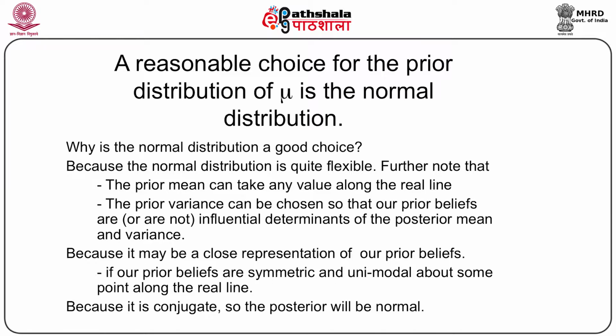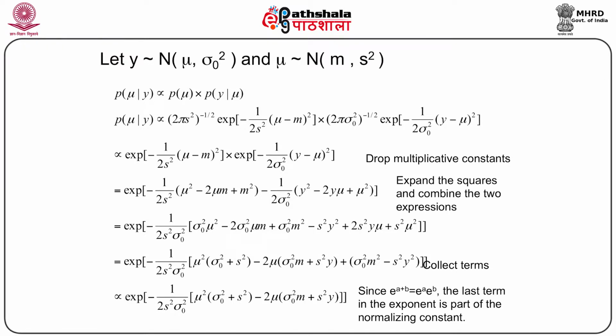It may be a close representation of our prior beliefs if they are symmetric and unimodal about some point along the real line. Because it is a conjugate prior, the posterior will be again a normal. The detailed calculations are given in the slide.